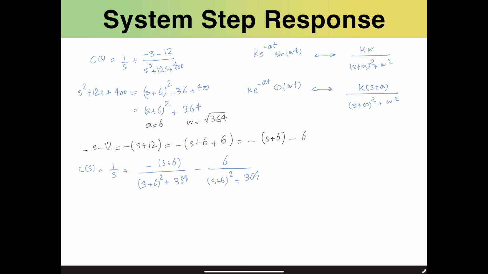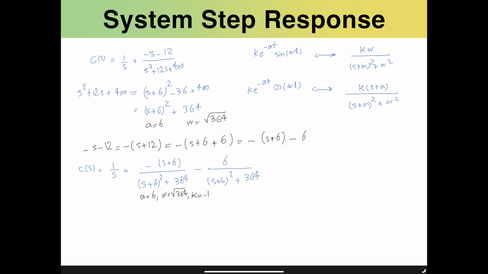So if I want to make use of these two equations at the top right, I need to find the similarities. The first equation I'm dealing with here is very similar to this one, and in doing so, I can assume that a is 6, w is the square root of 364, and k in this case is going to be minus 1.